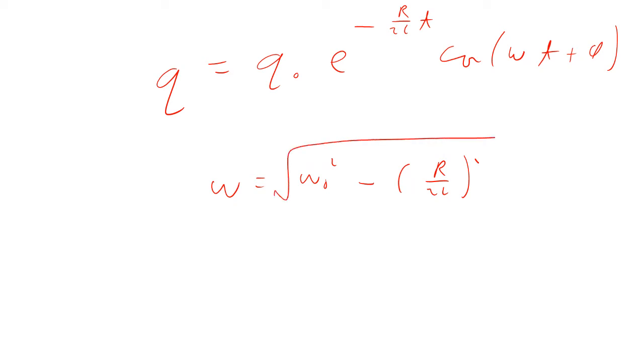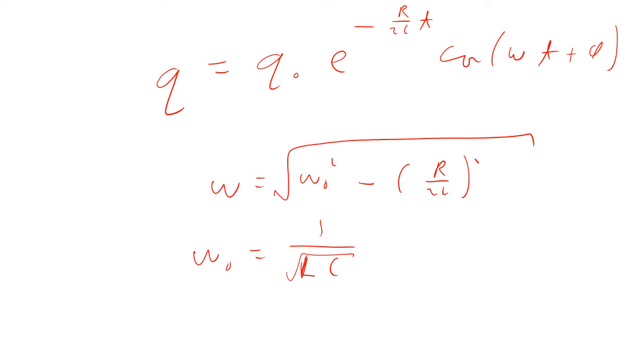And omega naught is the 1 over square root LC that it was before. And so this is the solution to that equation.